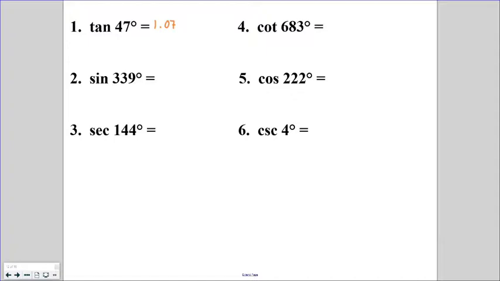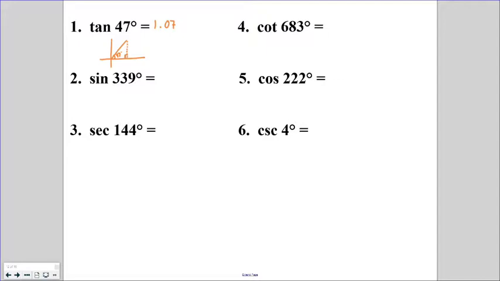Now here's what I mean by drawing a diagram along with what's written or typed into the calculator. The tangent of 47 degrees. Okay, so here's what I'm going to do. I'm going to draw an angle that represents 47 degrees. Right, that's 47 degrees. And we are told that the tangent of this angle is 1.07. So what would make tangent 1.07?